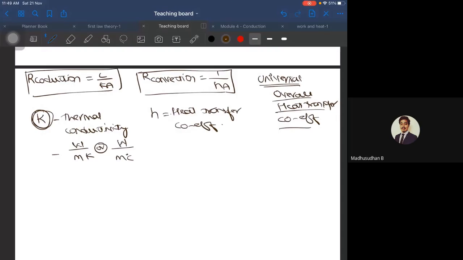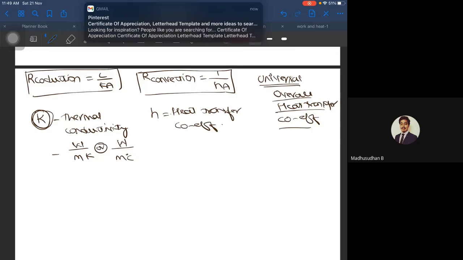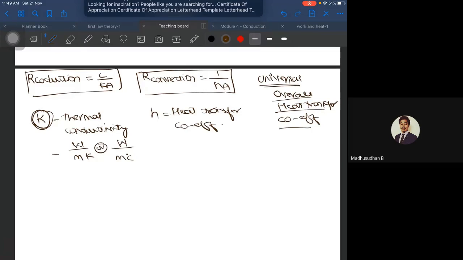So, as K describes the ability of the material to conduct, similarly h, that is heat transfer coefficient, defines the ability of the material to convect. I mean to say, how best it could offer the convection within itself. So that ability of the body to conduct a convection heat transfer is given by the value of h.